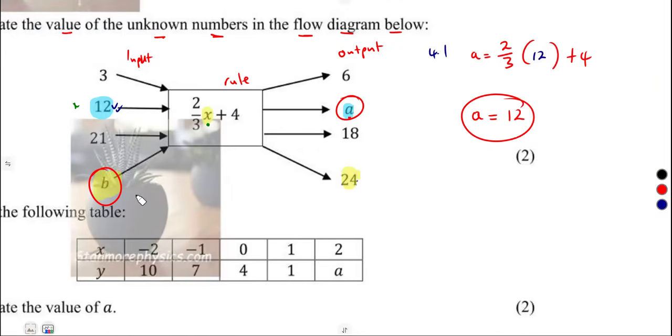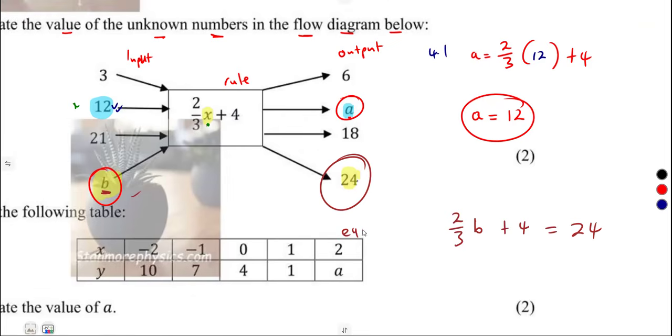So form an equation from there: 2 over 3 x. Our x is represented by B this time. If I substitute this B into x, plus a 4 as it is, I'm going to obtain the output. I'm given the output this time, which is 24.